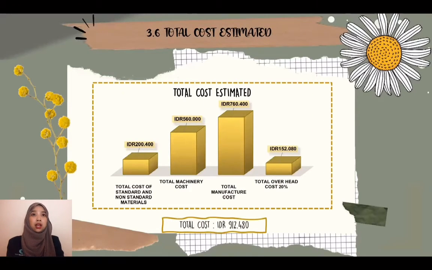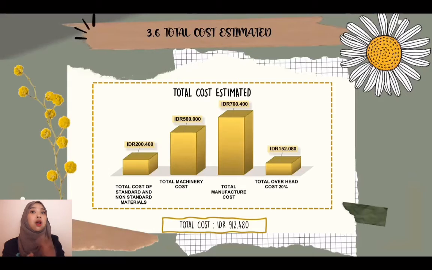3.6 Total cost estimate. You can see the total cost estimate. It includes the total cost of standard and non-standard materials, total machinery cost, total manufacturing cost, and total overhead cost of 20%.